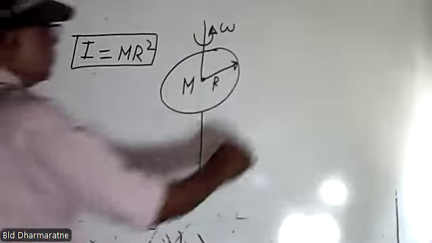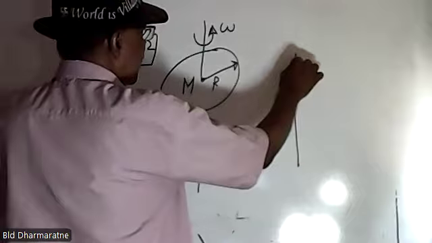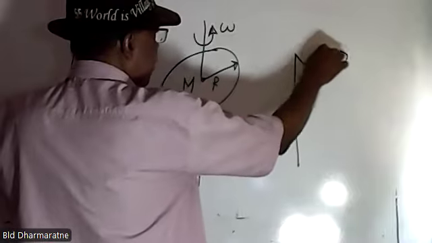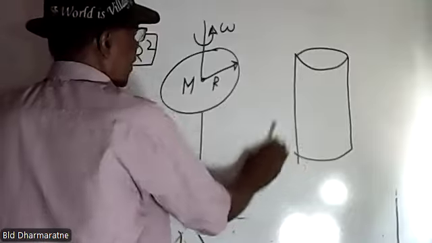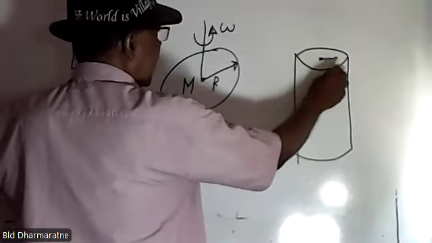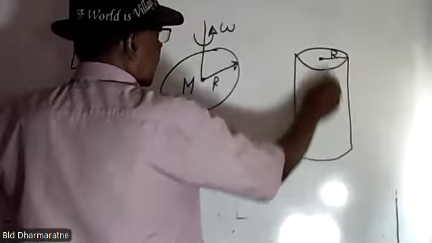Now we extend to the hollow circular cylinder, with average radius R and mass M, rotating about this axis.